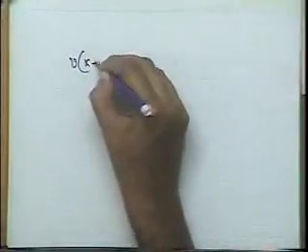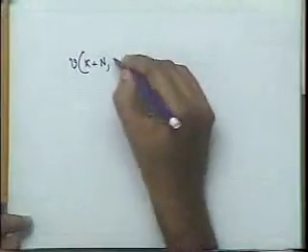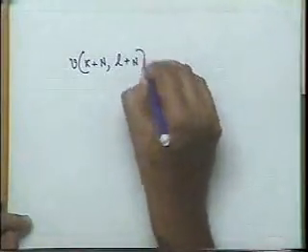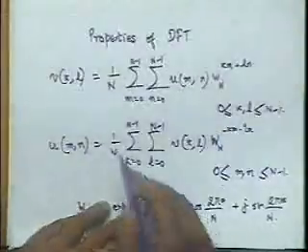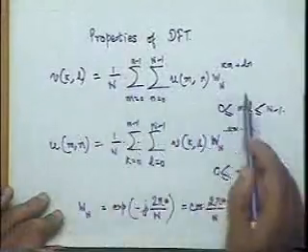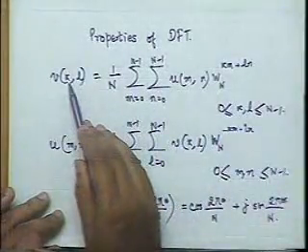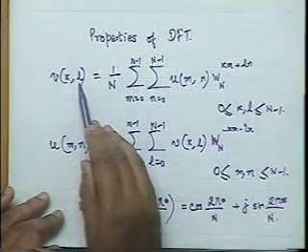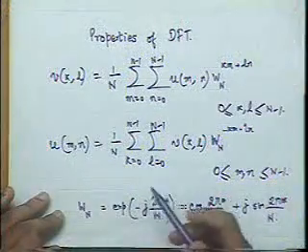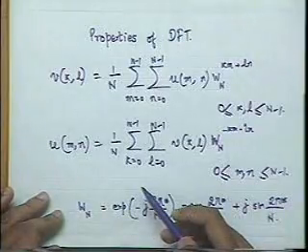Anyway, by looking at this expression, the direct transformation as well as the inverse transformation, if we now try to compute V of k plus N, l plus N, take this expression, then can you tell me what results?